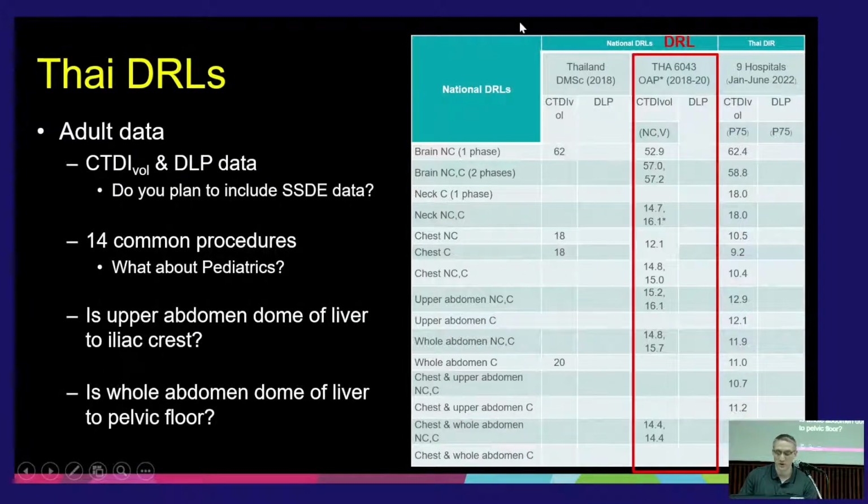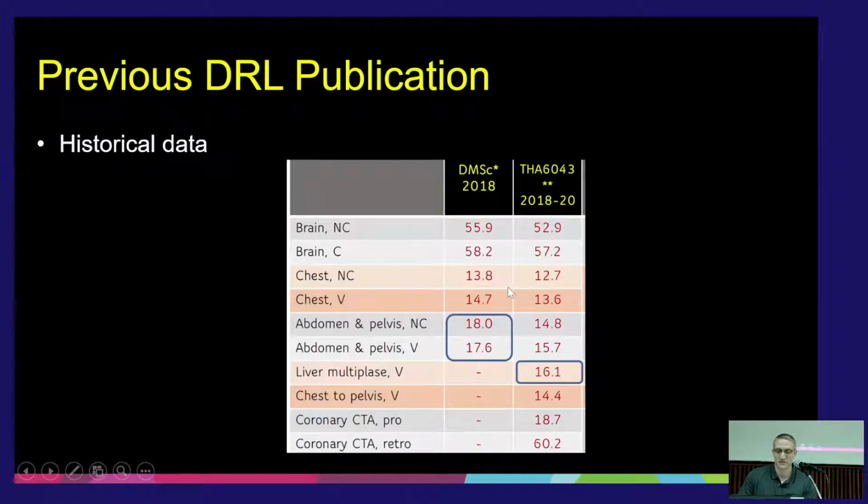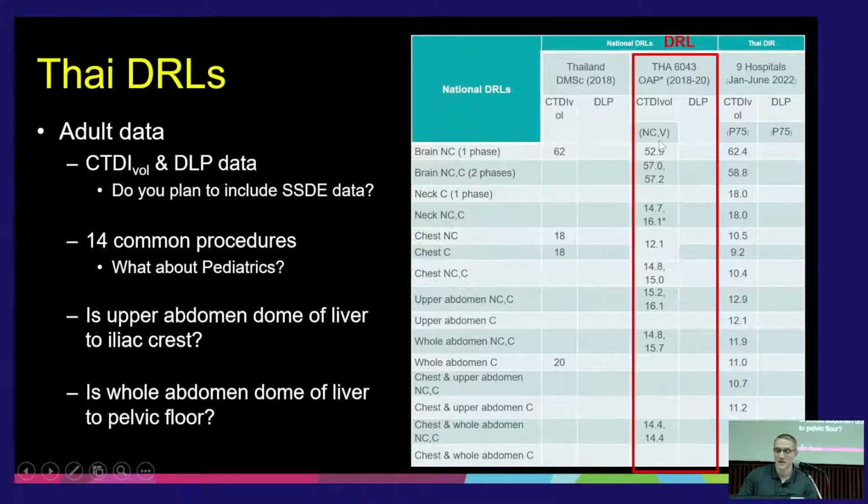So now, going forward, Thai data includes the 14, as we have explained: the 10 common, and then the last 4 are very specific to Thailand. And so I placed the original Thai DRL data here, which was just a few. It came from this table. And then this is the newest table that was listed. So this came from the OAP from 2018-2020 data.